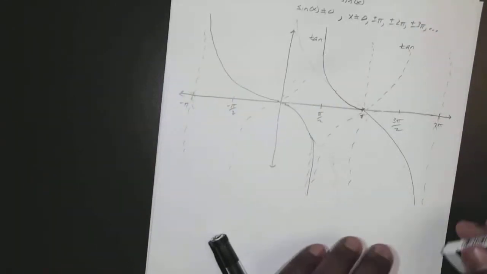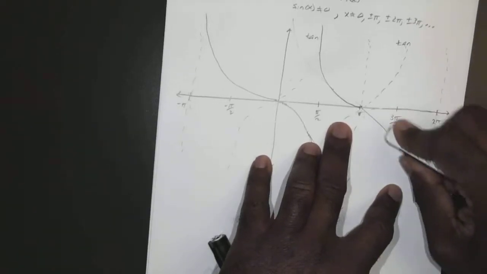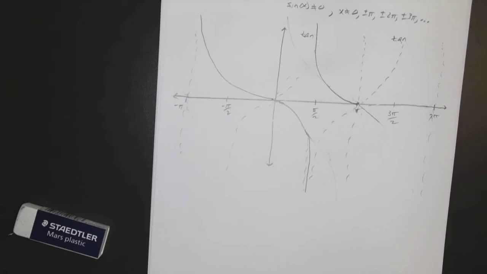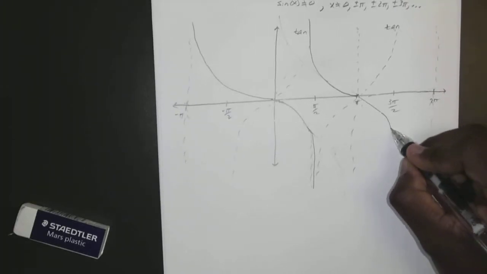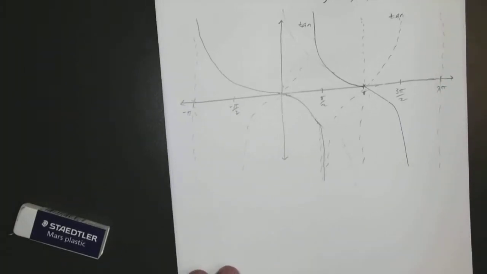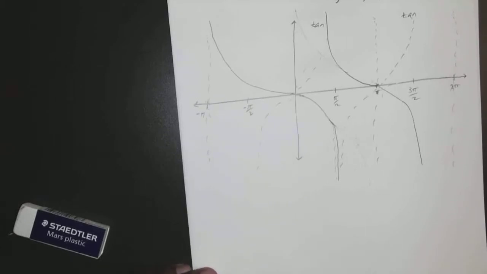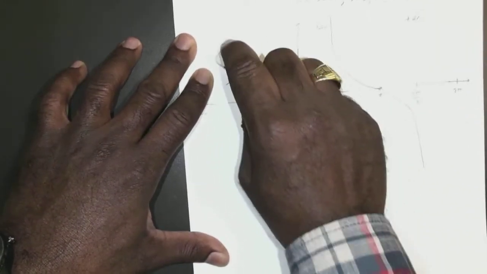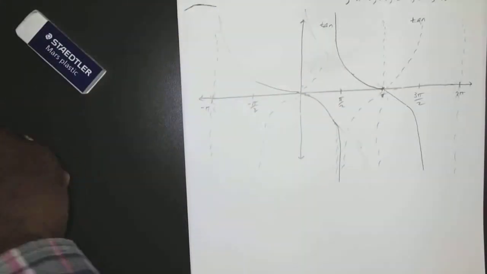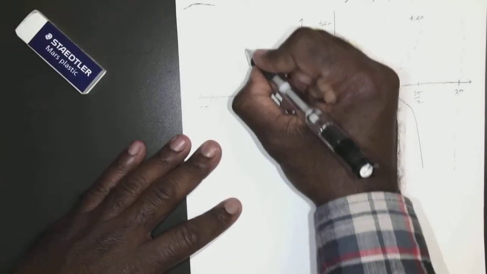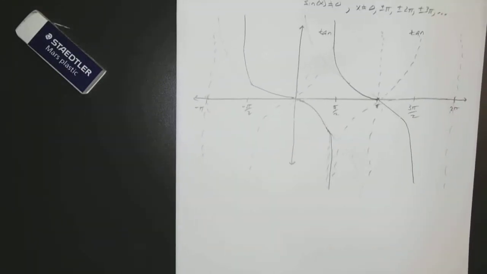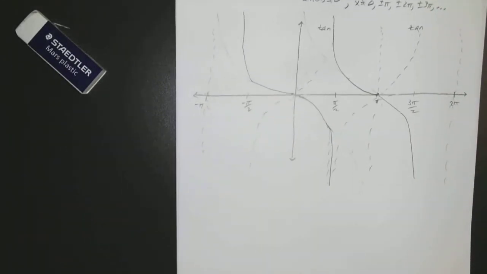And same thing here, should not pass 3 pi over 2. All right, and it would just repeat, that one shouldn't pass negative pi over 2. Okay, so it's kind of looking like that. I'll redraw it because it looks a little bit messy now.